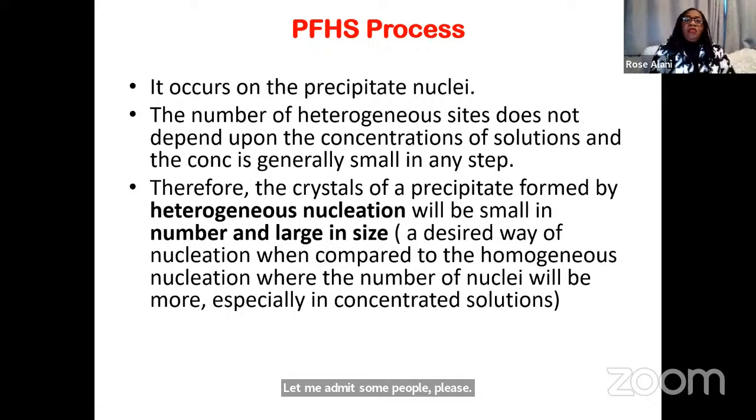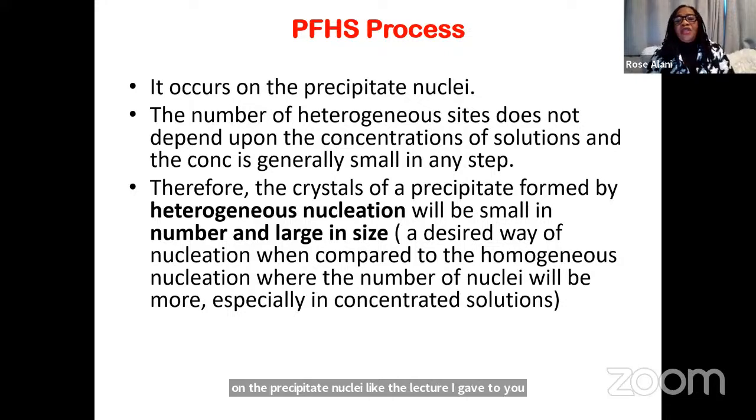So in this kind of precipitation, precipitates occur on the precipitate nuclei. Precipitation builds up on the precipitate nuclei, like the lecture I gave to you maybe 2 lectures ago.